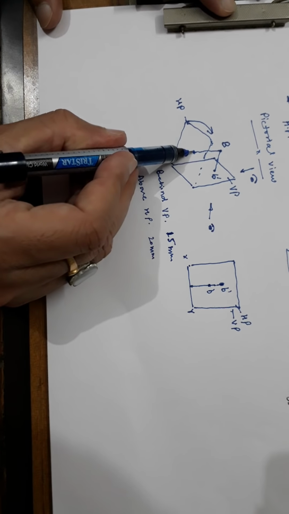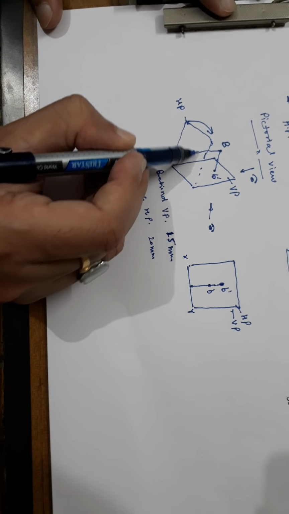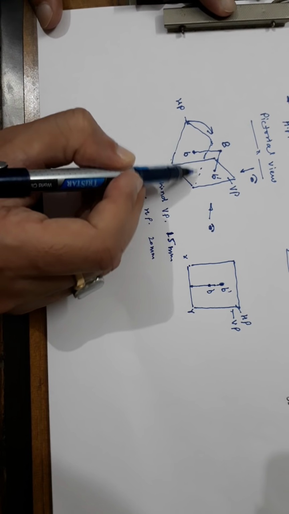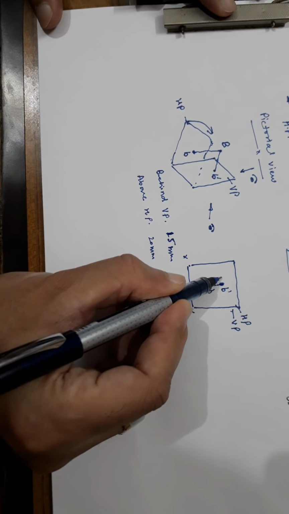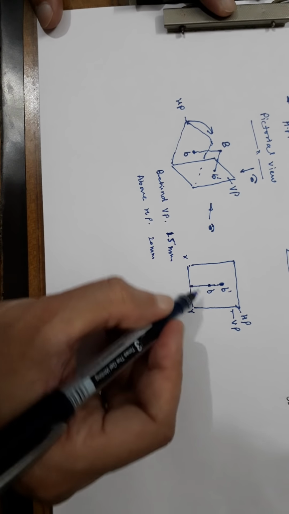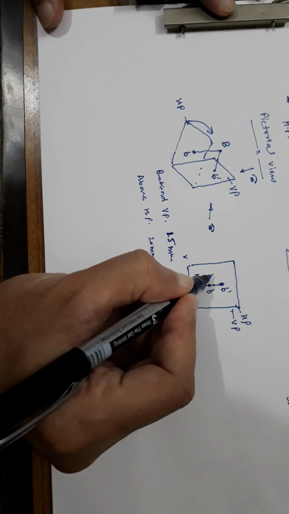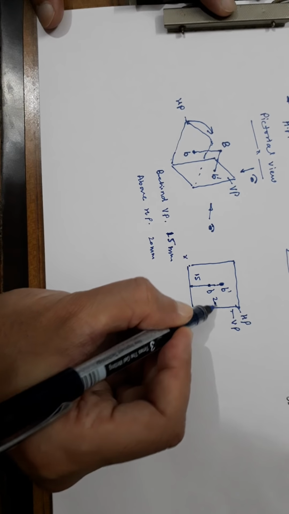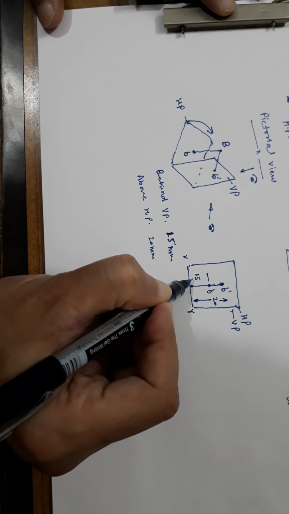So 20 mm above HP means this distance, which will be transferred to the vertical plane when you fold it. So here B dash will be 20 mm from this XY, and B will be 15 mm.